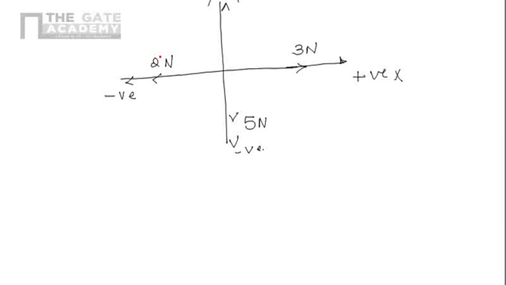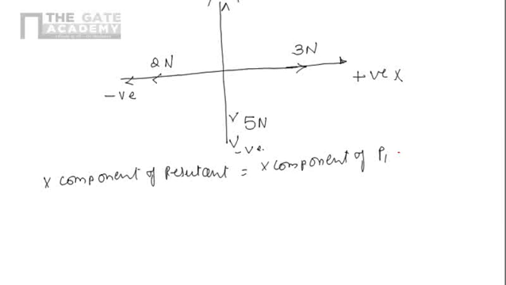Write the equation in terms of components, then it will be very easy. So I can write the x component of the resultant equals the x component of P1 plus the x component of P2.